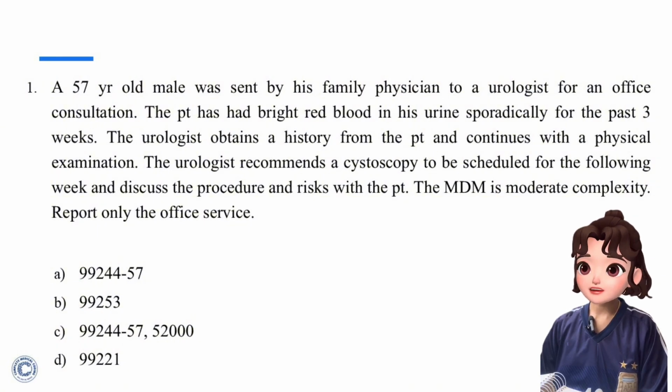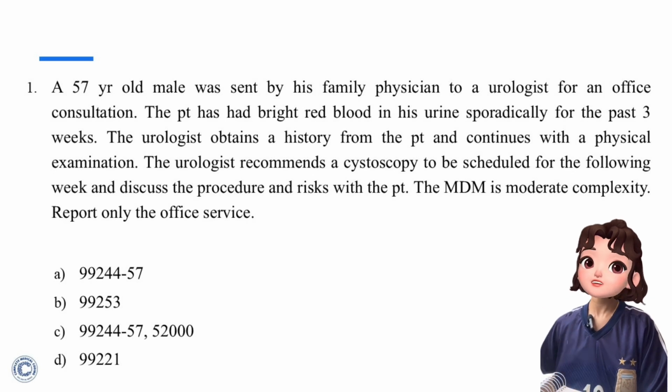So which doctor has consulted this patient as an office visit consultation? The urologist. So here you have to report the urologist service, because the patient was sent by the family physician to a urologist. And what has that urologist done?